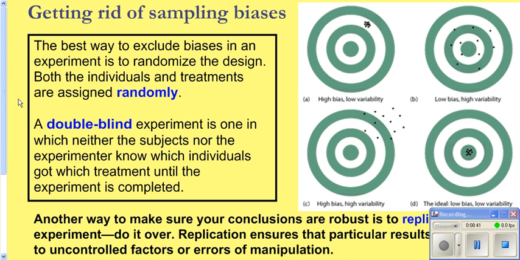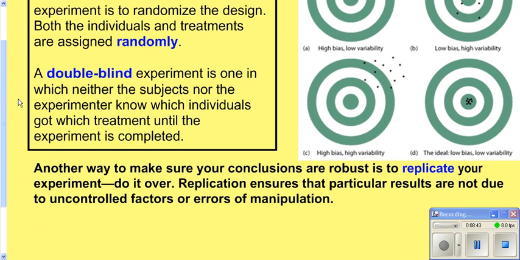That's considered a double-blind experiment. I've also heard of triple-blind experiments, which includes the double-blind, but it also takes it to another level. It's where the statistician doesn't know which group is receiving treatment and which one is not, because sometimes a statistician can influence how the results are portrayed.